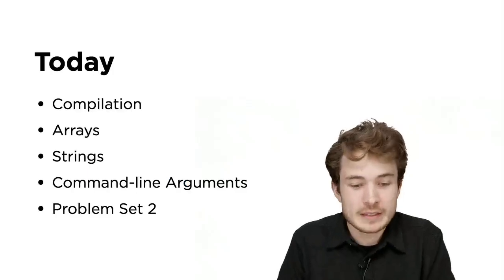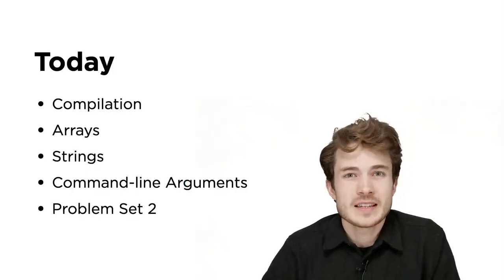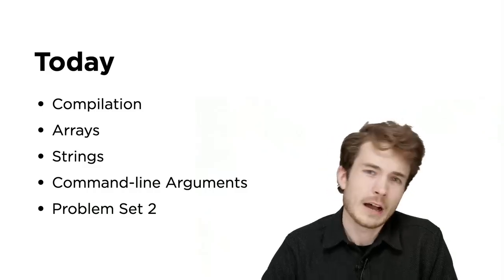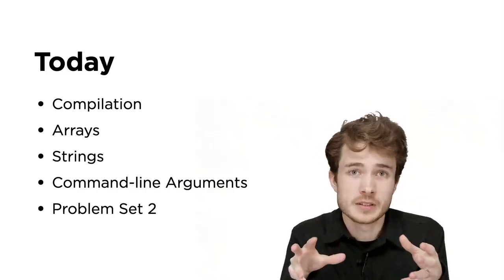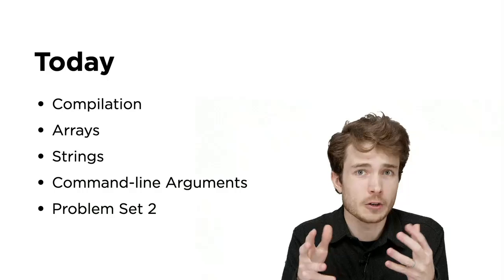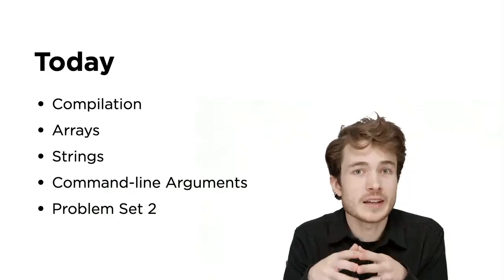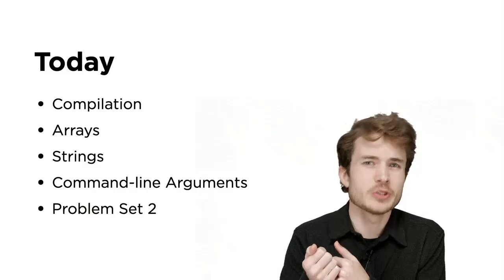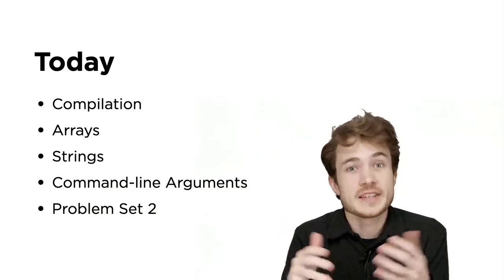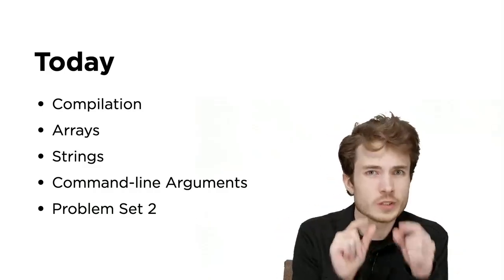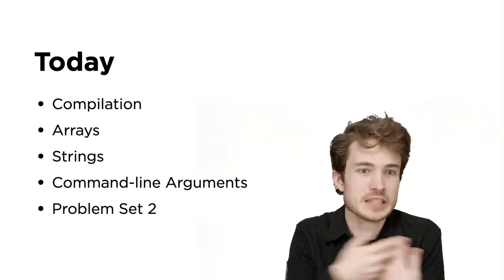Today will look a bit like this. We'll begin focusing on this idea of compilation. How do we take the code that we write in C, for instance, that source code we write in a file, and convert that to the zeros and ones that a computer actually understands and can run? We'll then focus on this idea of arrays. How do we store data more efficiently than we've seen before?